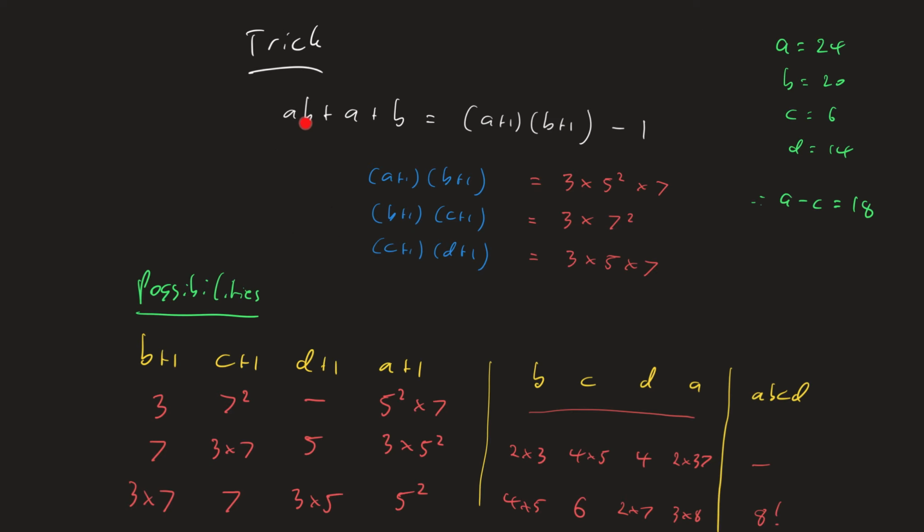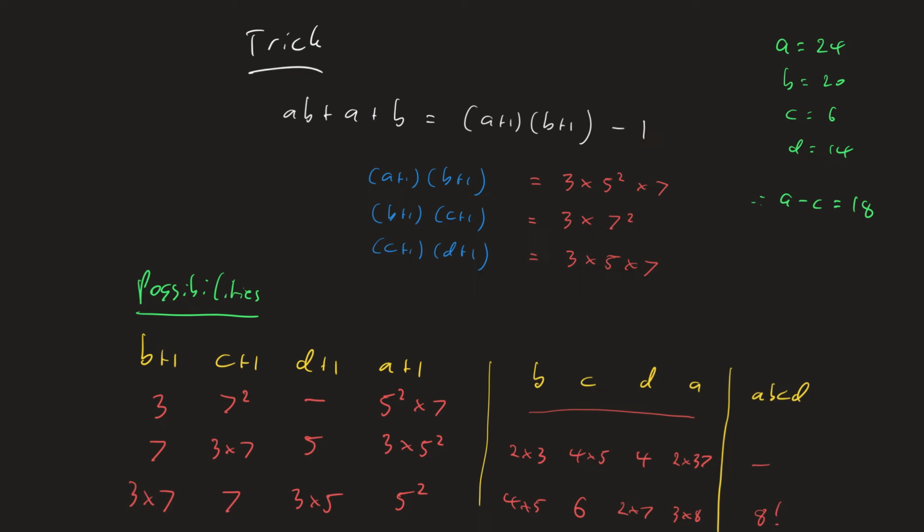The trick then is to recognize that AB plus A plus B can be written as A plus 1 in brackets times B plus 1 in brackets minus 1. Indeed, expanding out the brackets, we get AB plus A plus B plus 1, so we subtract the 1 to cancel the extra plus 1 that we get.